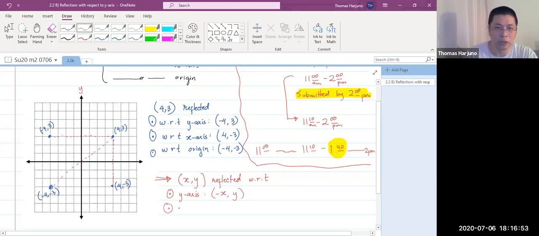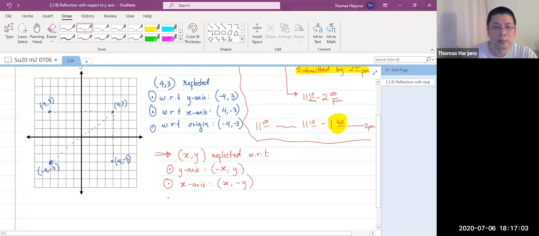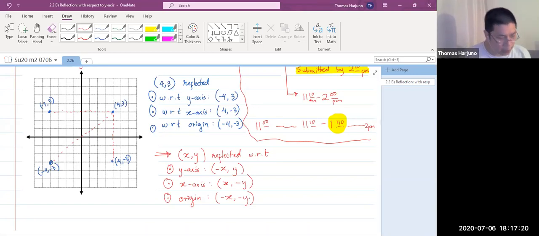With respect to the x-axis, the x will stay the same, the y will be the opposite. With respect to the origin, we will take the opposite of x, the opposite of y. I hope this picture actually helps us to understand.